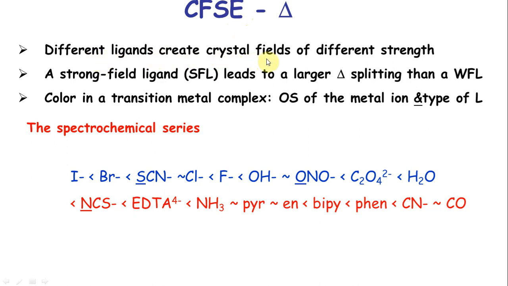Different ligands create crystal fields of different strength. You are in the center as a metal atom. Different types of ligands are coming towards you. Some of them interact with you more, some interact less. Accordingly the separation would be different. A strong field ligand leads to a larger delta naught. A strong field ligand splits it more, a weak field ligand splits it less.